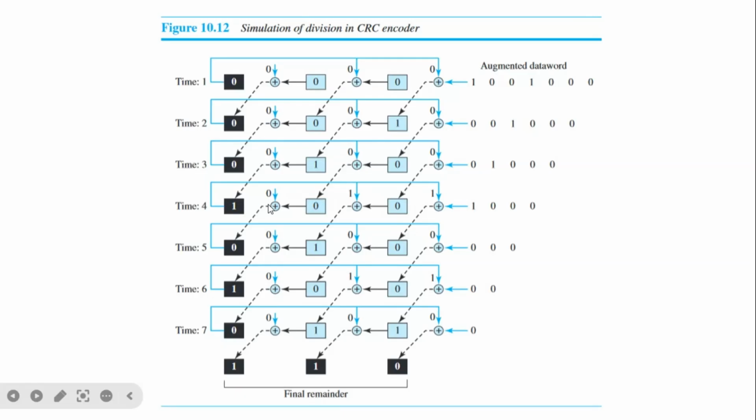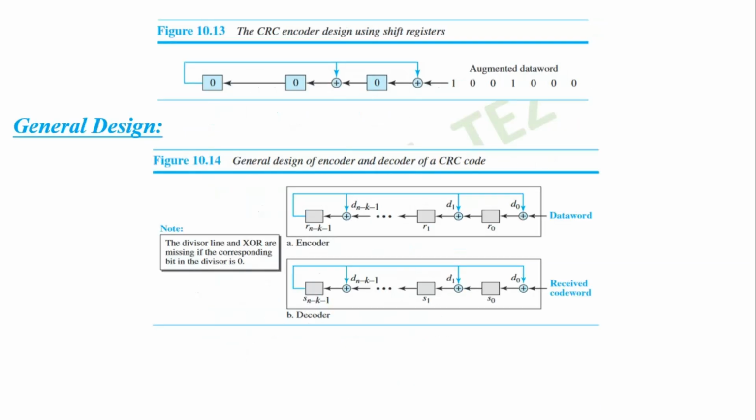Since here it is 1, 0, 1, 1 we are taking, and it has been XORed. If it is 0, 0, 0, 0 is taken, and it has been XORed. Likewise, we keep doing this until all the augmented data word is shifted, and whatever we get in the last bits, whatever is stored in the register, will be our final remainder. So initially we start with 00, and finally whatever remainder is obtained is appended to the data word, and that becomes the code word.